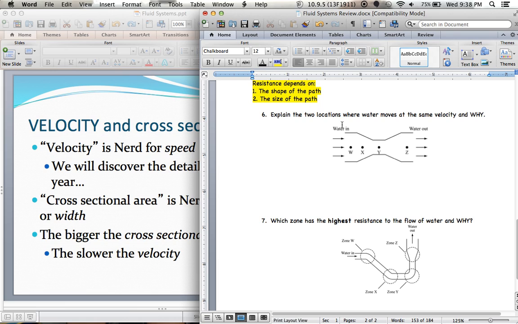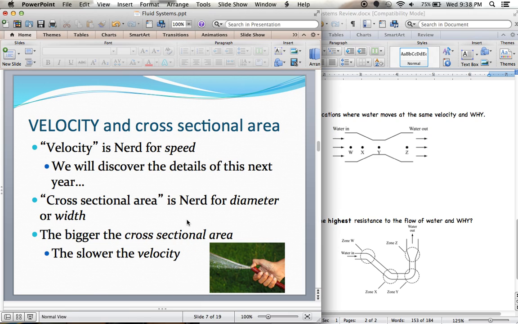And don't think that the shape is going to matter here because this is straight. If you notice, it does get skinnier here in the middle. If you have ever played with a hose, when you decrease the size of the hose, it increases the speed that the water comes out. And then you can spray your little sister or brother who's running away from you, trying not to get wet. So that's exactly what happens, and you all have experienced this.